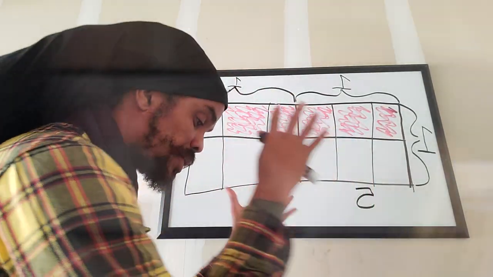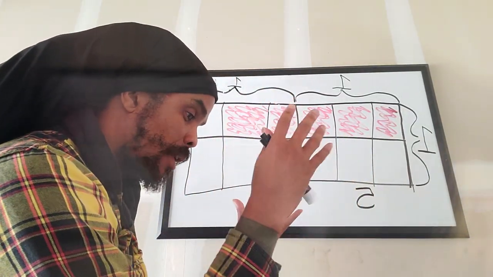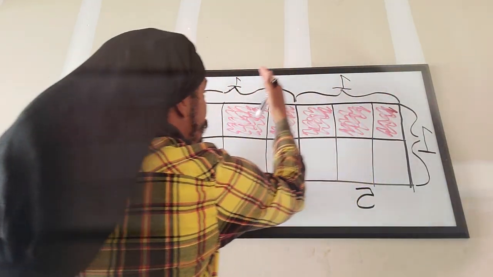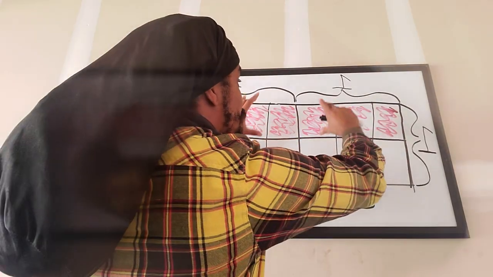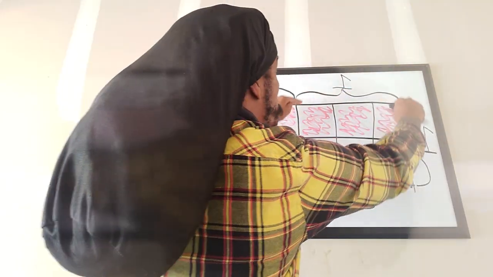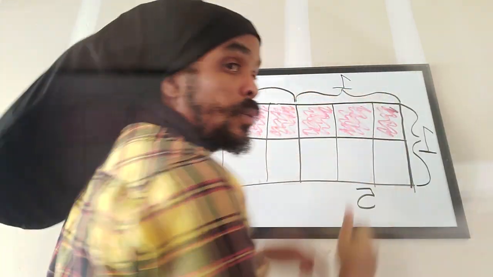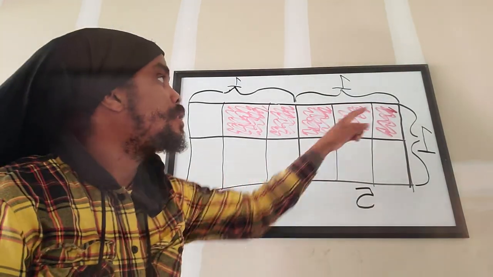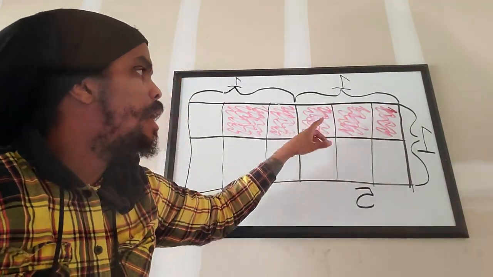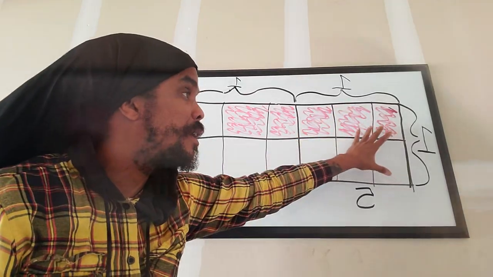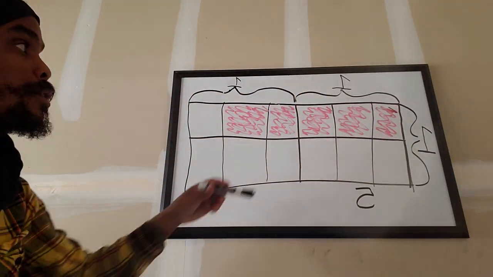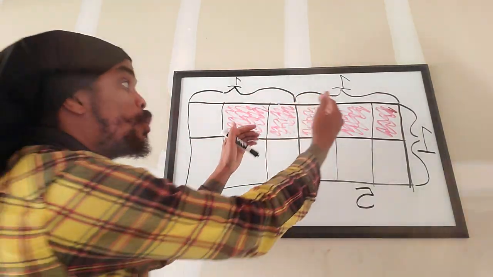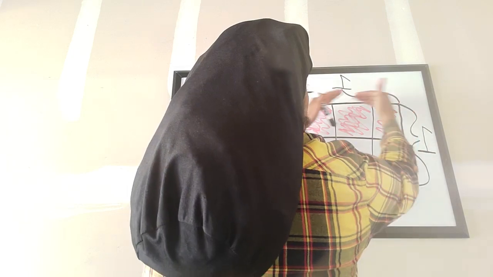They're introducing a way to look at it where you're looking at two wholes, but you have to recognize that you're only concerned with how much is shaded amongst this whole right here, which can be kind of crazy because when you look, you're like, wait a minute, these 3 of this whole are shaded, but there's 2 more. So they need to be able to recognize that although it's 5 shaded, we're only worried about how much of this whole is shaded.